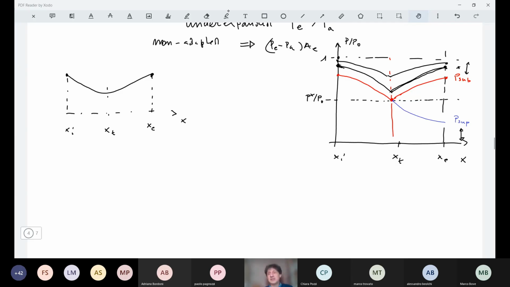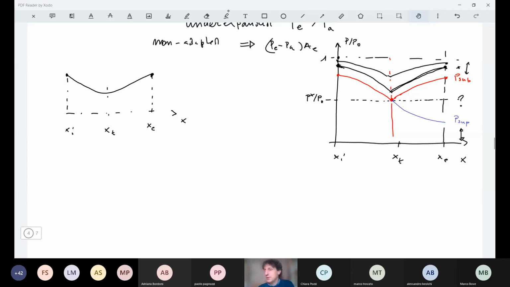So the question mark is related to what happens here when the ambient pressure is between these two values. The first thing that we can say is that something will occur outside to adjust the flow to the ambient pressure, because inside we have just these two possible solutions.